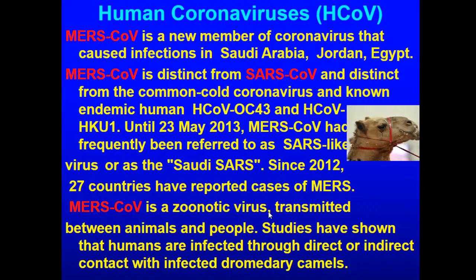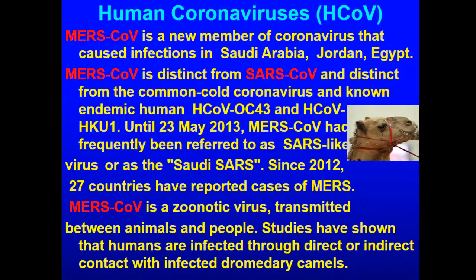It is a zoonotic virus transmitted between animals and people. Studies have shown that humans are infected through direct or indirect contact with infected dromedary camels. You can see this animal here.